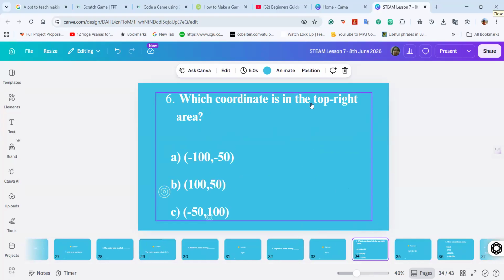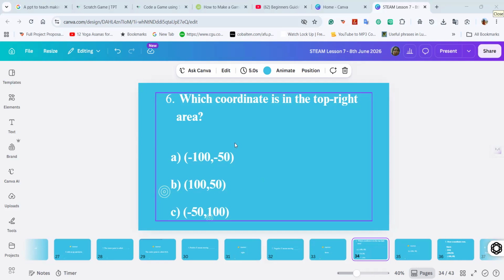Which coordinate is in the top right area? Minus 100, minus 50; 100, 50; minus 50, 100; which is in the top right area? I can see Tamkin, Sarah, Fahima writing the correct answer.